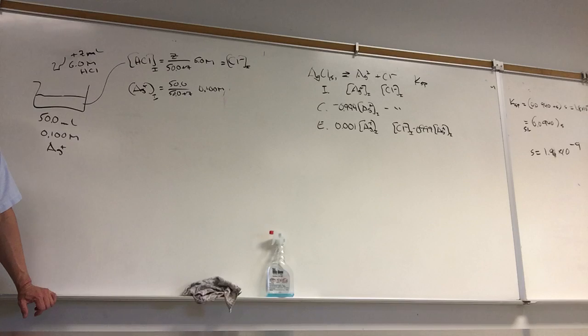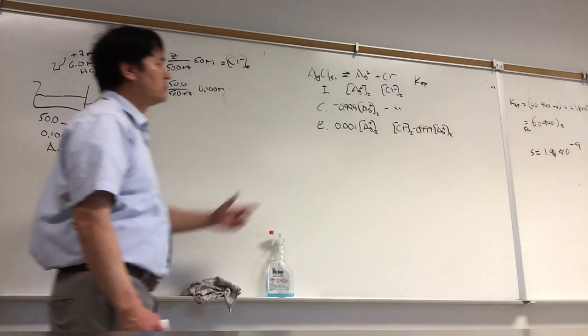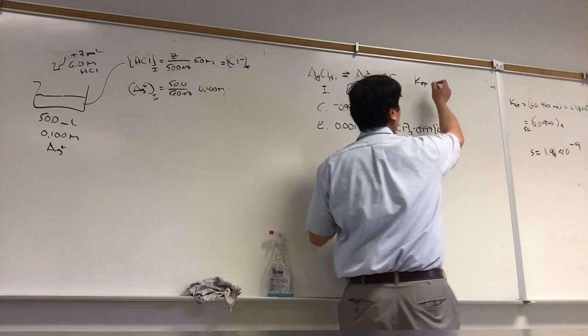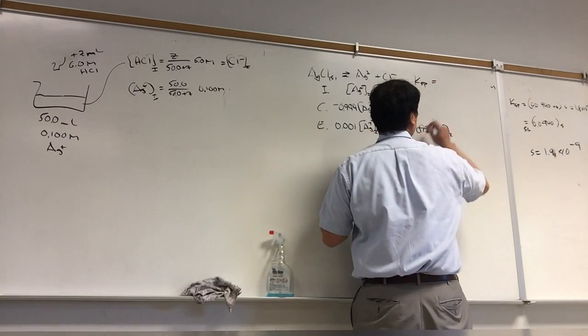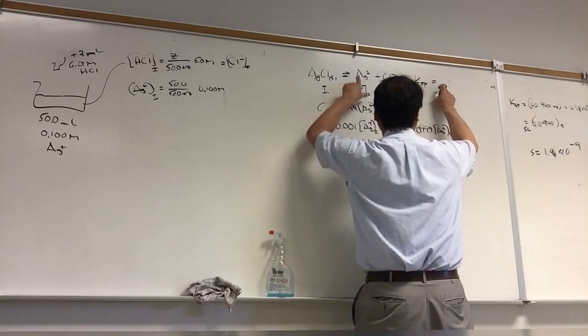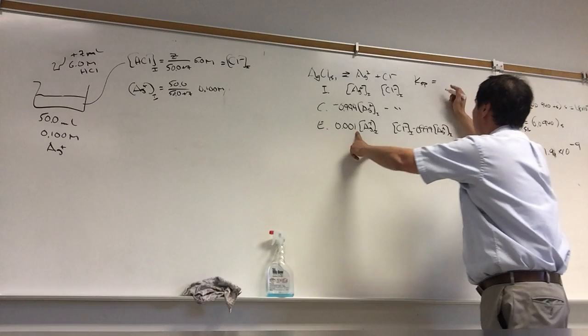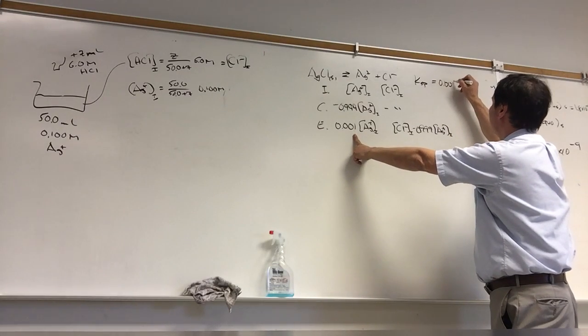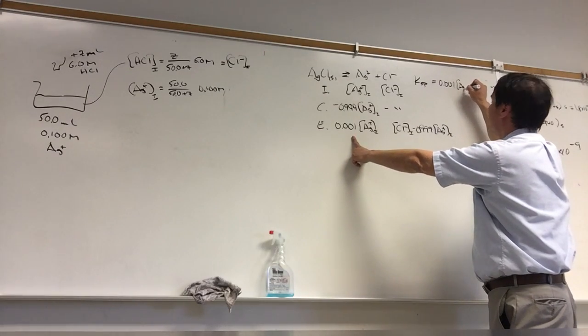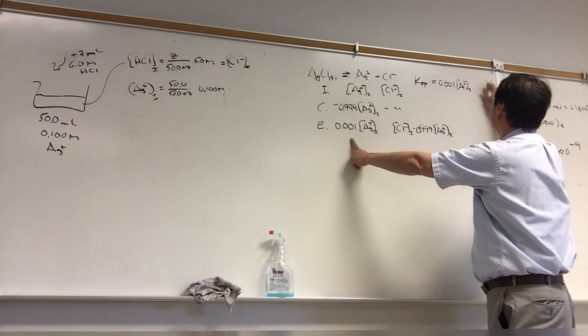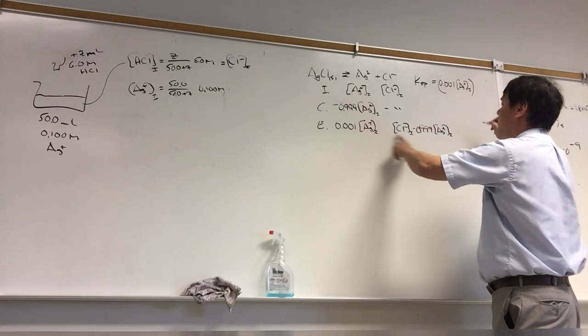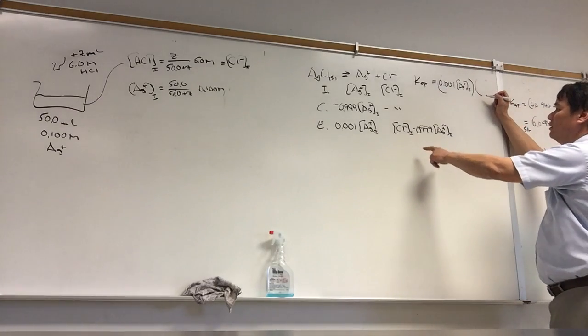Okay, and then what? Well, we could figure out what these concentrations must be because K is going to dictate the equilibrium concentration. And so the KSP is going to equal the silver ion concentration at equilibrium. The silver ion concentration at equilibrium is going to be 0.001 times the silver plus initial, okay, times the chloride ion concentration at equilibrium.